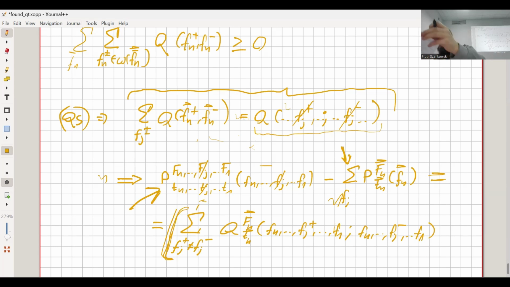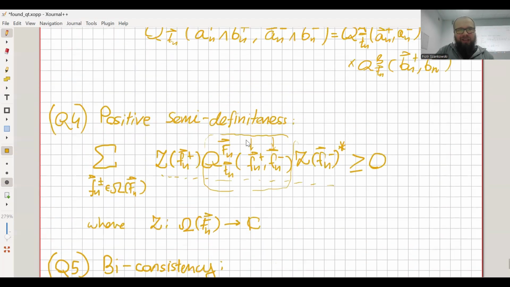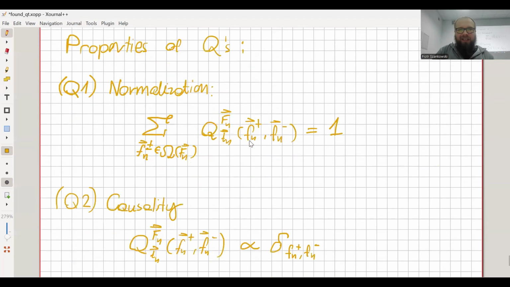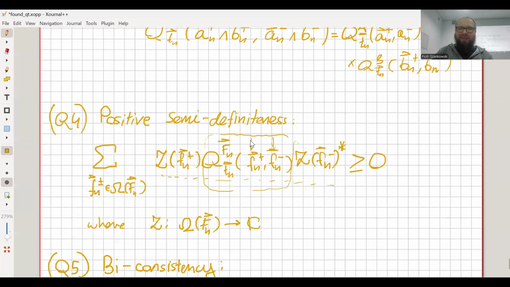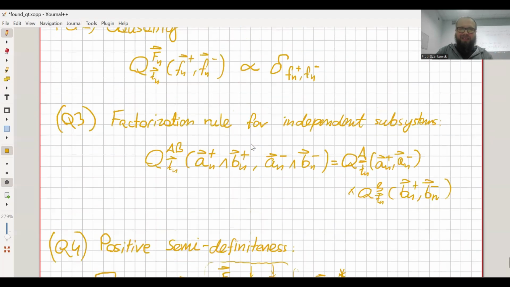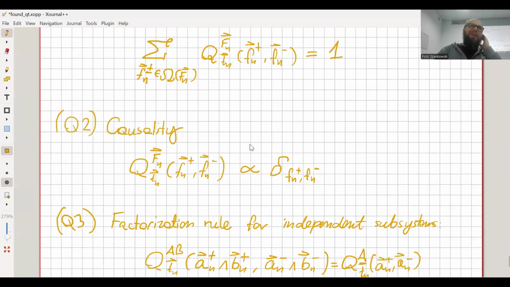What else do you want to say here? Yeah, okay. So this was a chaotic rundown of these five properties, which is much less than the infinite number of constraints.